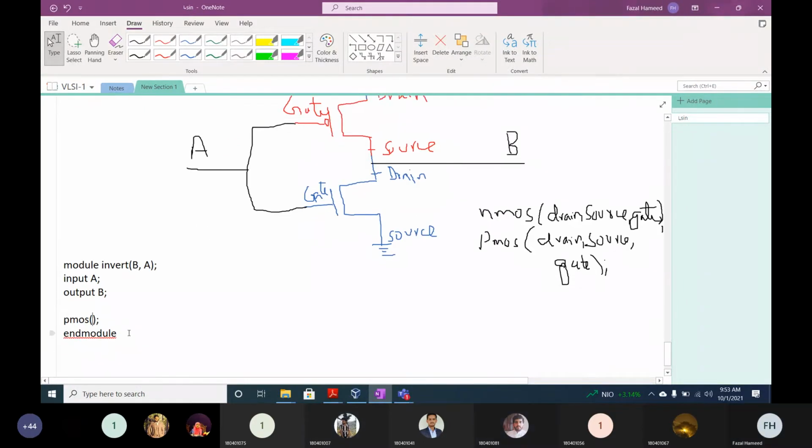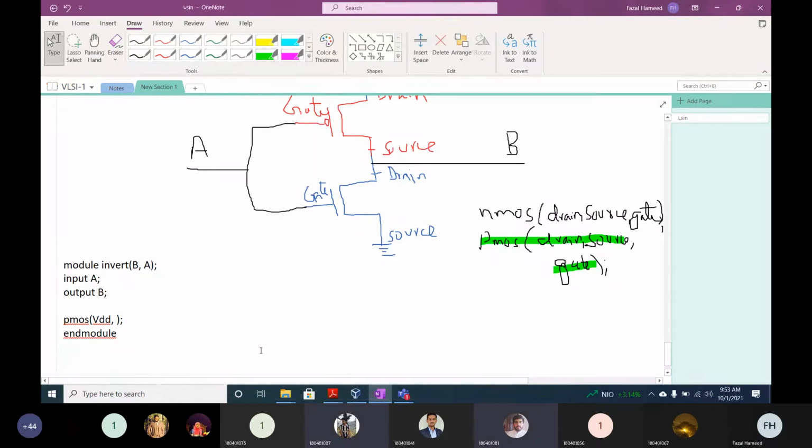You write VDD. What is the second parameter? Gate, sir. No. Look at here. The first parameter is drain. The second parameter is source. Source is connected with which signal?